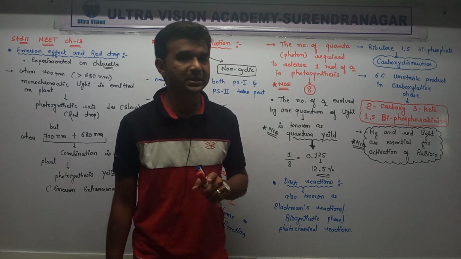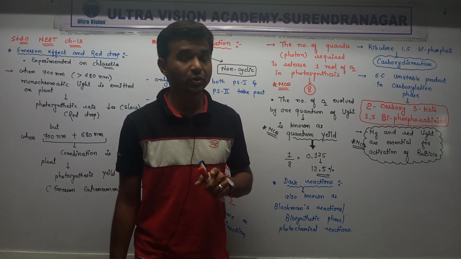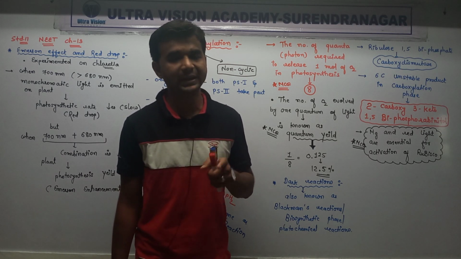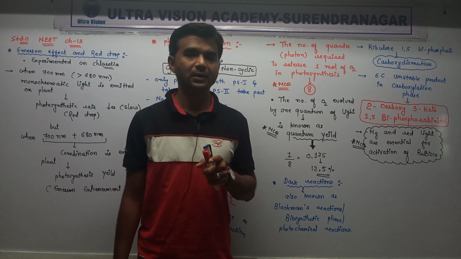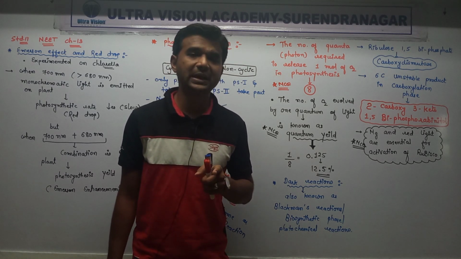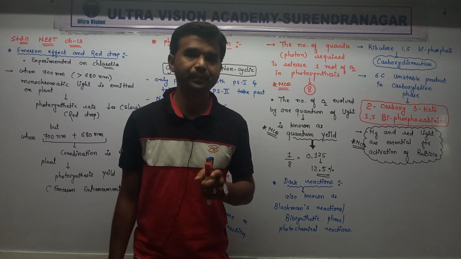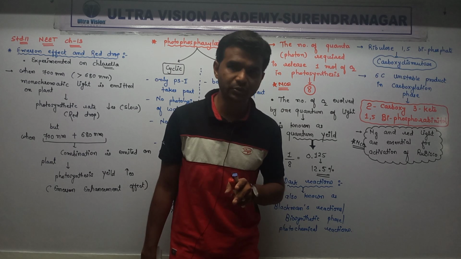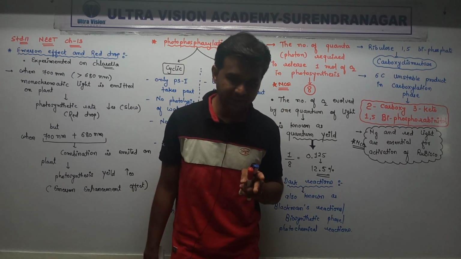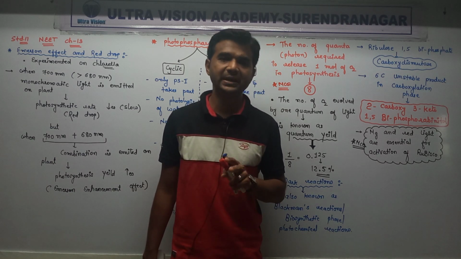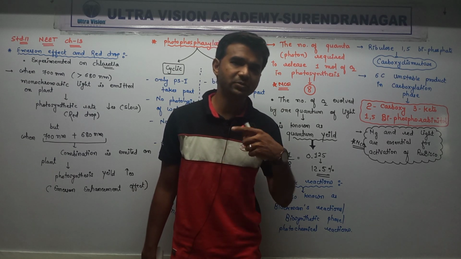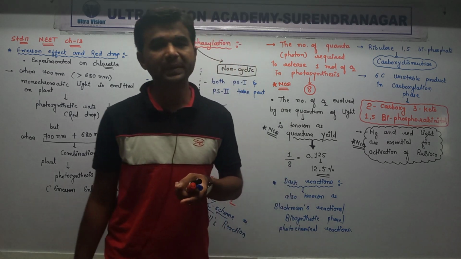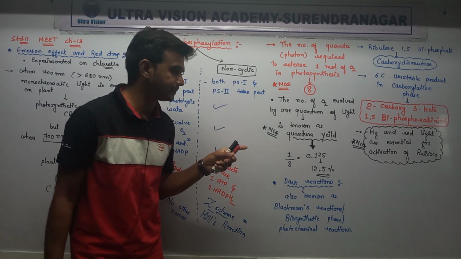So the summary is that to fix one molecule of carbon dioxide in the Calvin cycle, 2 NADPH2 and 3 ATPs are used. 2 NADPH2 and 2 ATPs are used in the reduction phase, and 1 ATP is used in the regeneration phase. In this way, 2 NADPH2 and 3 ATPs are used there.